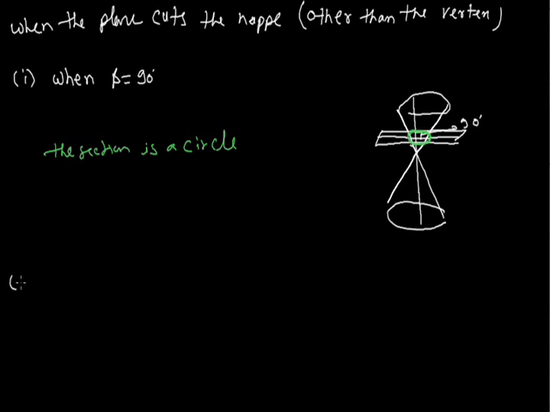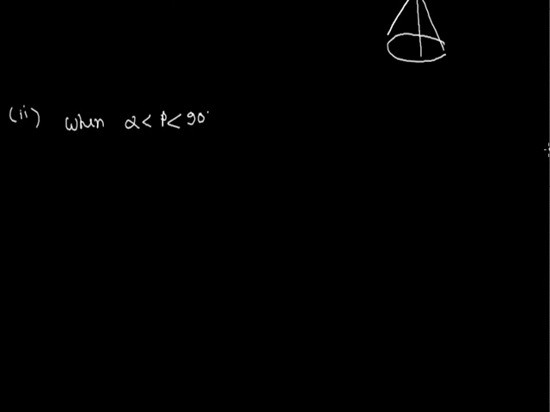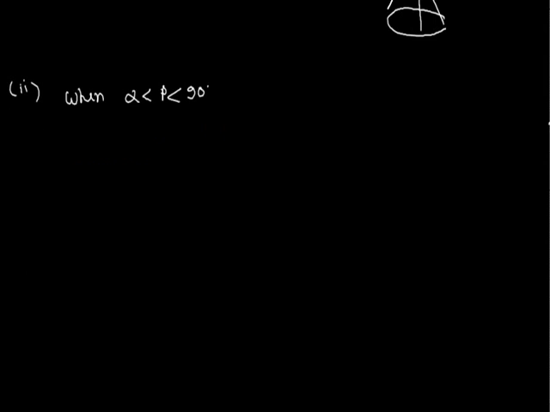Now the second situation: when alpha is less than beta, and beta is less than 90 degrees, which means beta is between alpha and 90. We can make another figure for this situation, which is like this.